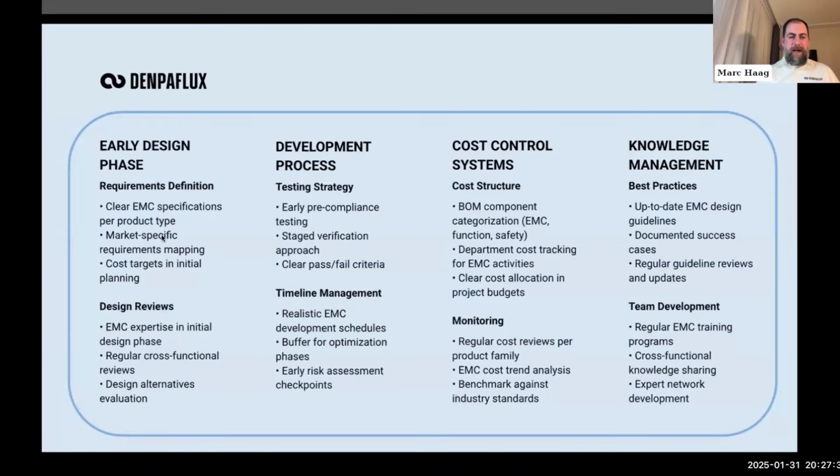You have your early design phase where you should be thorough with your requirement definition and with how you want to set up the project in the development process. One point I want to lay out is the testing strategy, where we're also seeing a lot of customers saying, I set everything up, and then I went to the test facility, but I went with totally the wrong testing.